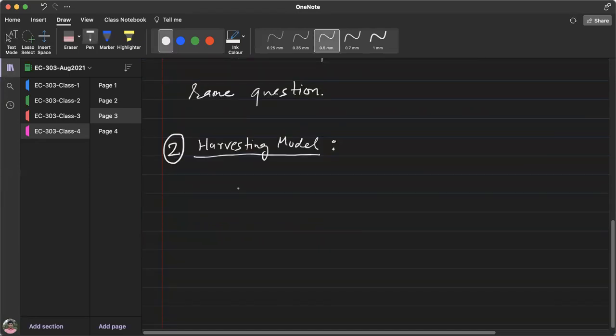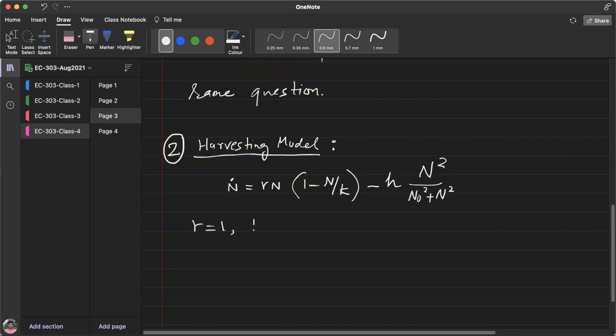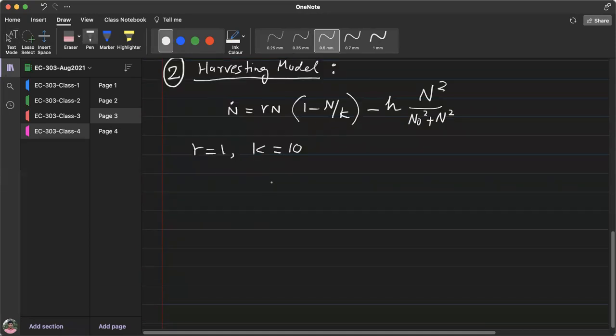So what is the harvesting model? A mean field model looks like this: n dot equals R n (1 minus n by K) minus h n squared by (n0 squared plus n squared). If I choose R equal to 1, K equal to 10, we will have bistability in this model. If I plot n star as a function of h, we will find a pattern like this.